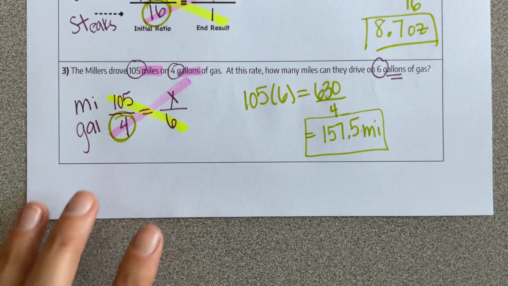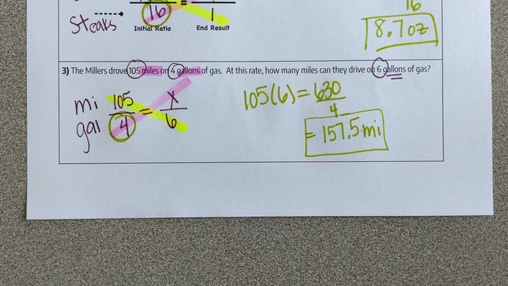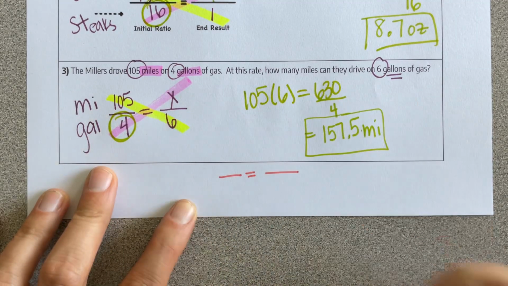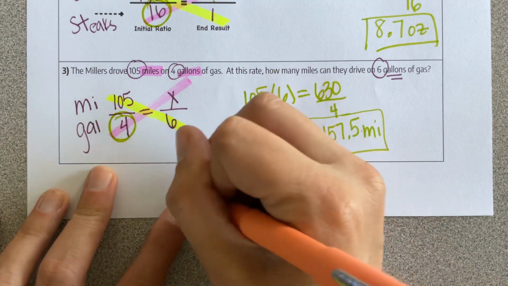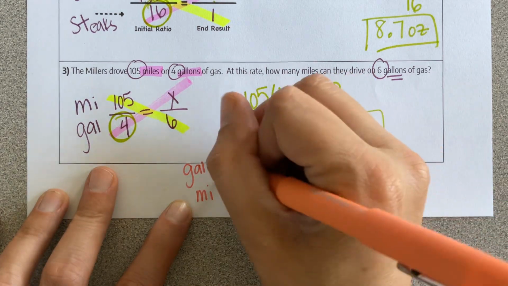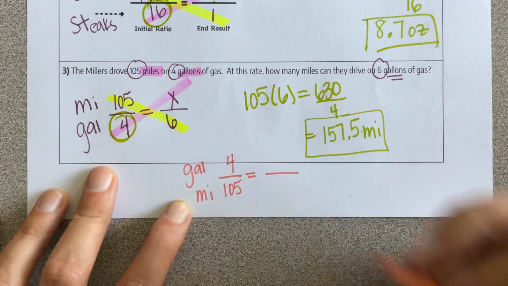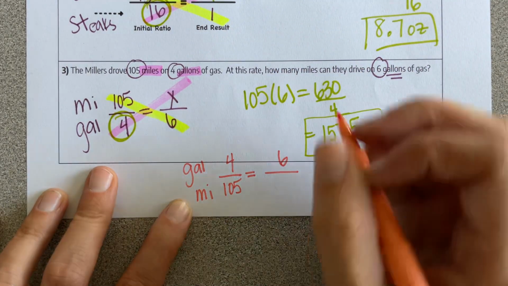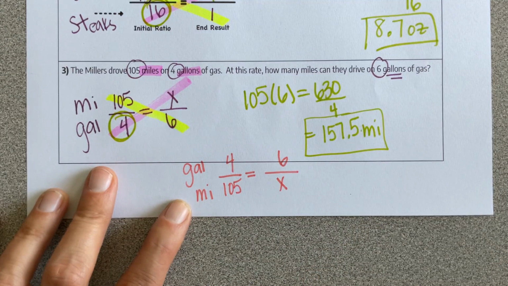Okay. One thing I quickly want to show before we flip over to the back, and you don't have to write this part, just need to listen. The nice thing about a proportion is if you flipped it around, so if I accidentally put gallons on top and miles on the bottom, I had 4 gallons, I had 105 miles, 6 gallons. This time gallons was on top, so the 6 goes on the top, X is on the bottom.